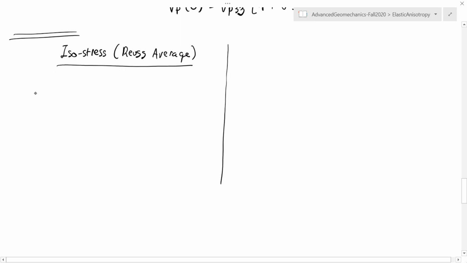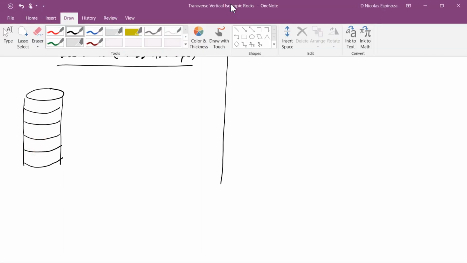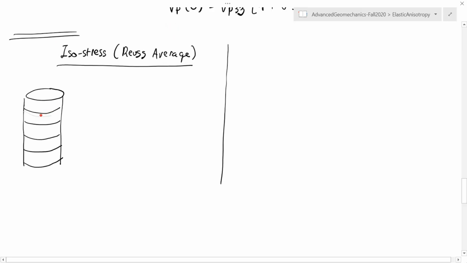In this model, let's imagine that we have a rock, a cylindrical sample, similar to the ones that we use in our triaxial tests, which is layered and composed of stiff and soft layers. So let me add some shading here.